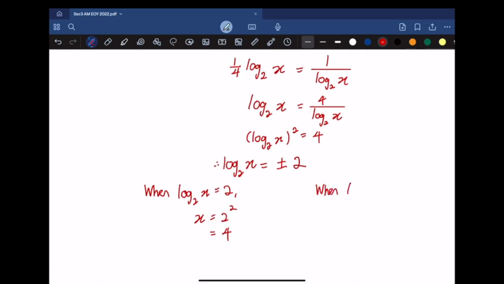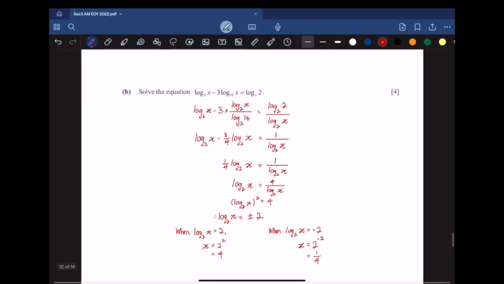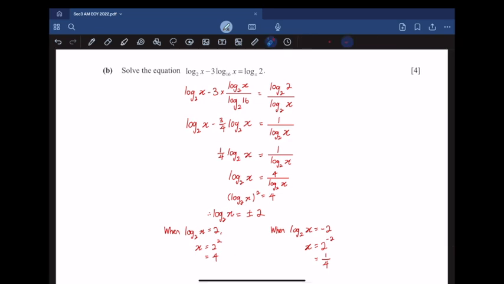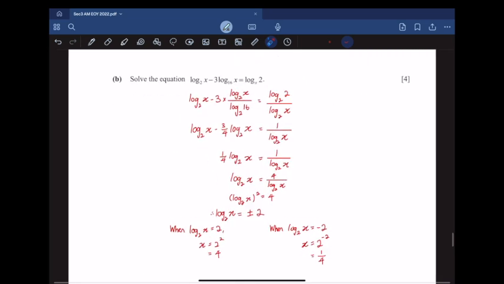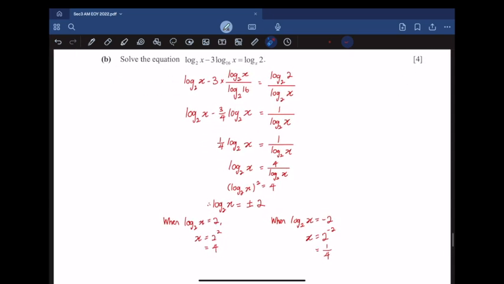When log base 2 of x is equal to negative 2, x is simply the base to the power negative 2, which will give me 1 over 4. And with that, I just need to check back. Yes, so these two solutions satisfy the original equation. So this is the solution for part B.